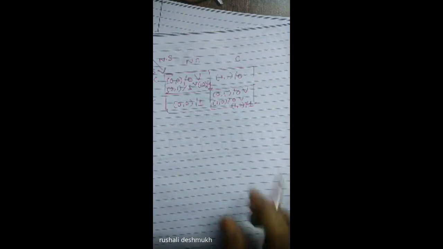Design a finite state machine. Note it down. Design a finite state machine for divisibility by 2 for decimal numbers.